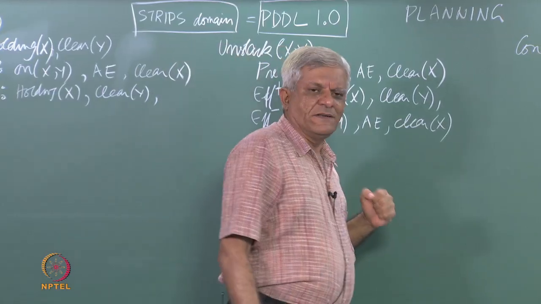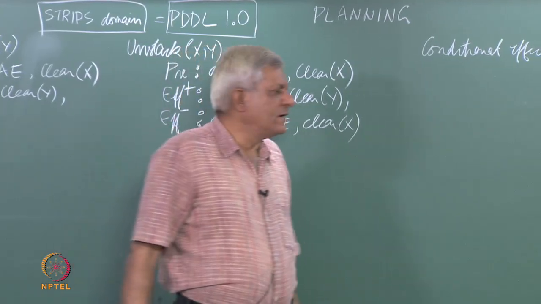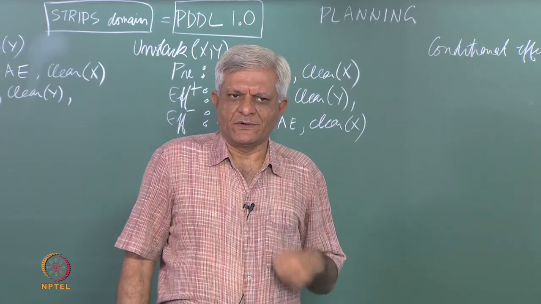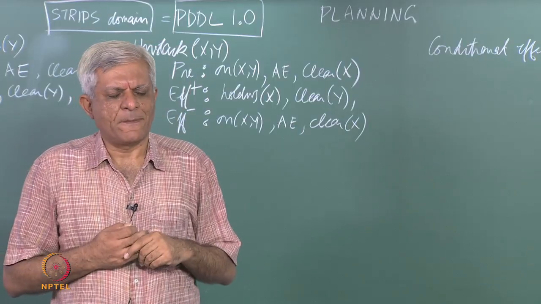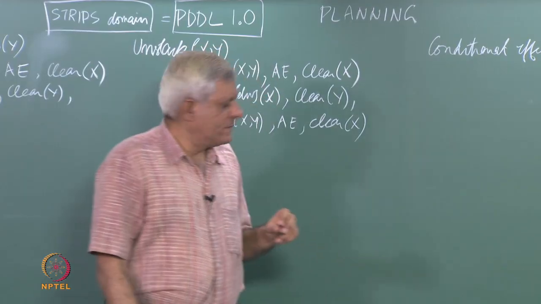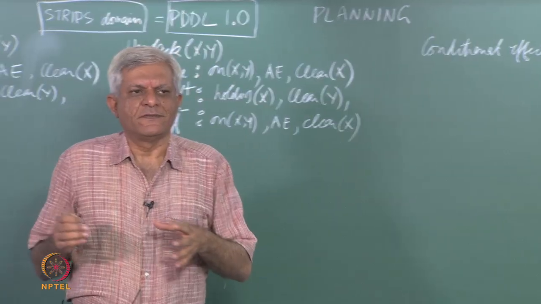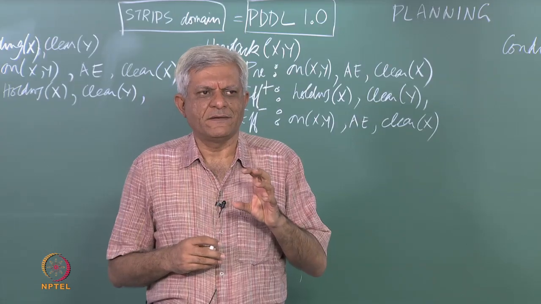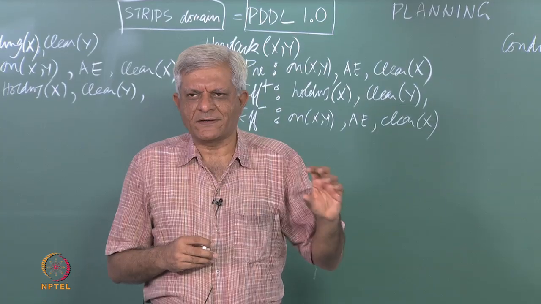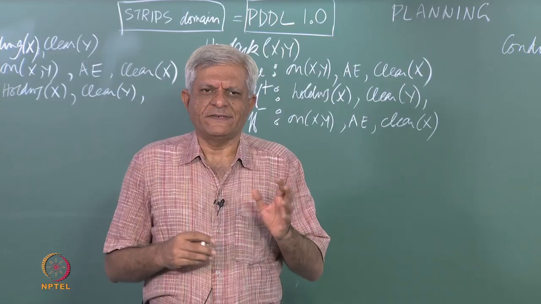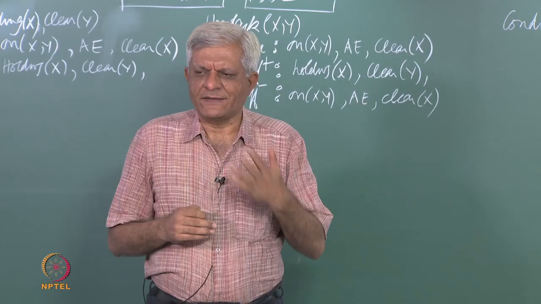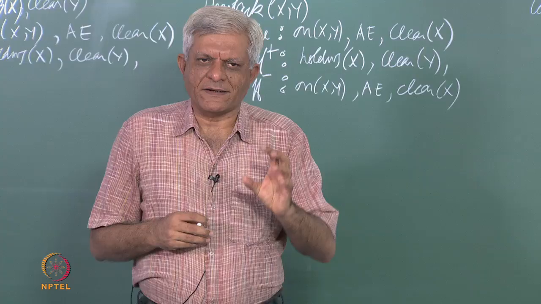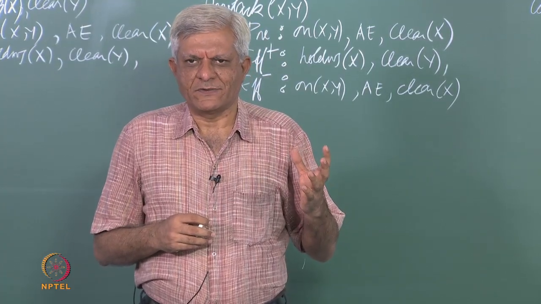As an example, let us say you have a domain in which you are moving objects around, and you have trucks, and you want to move, let us say, one table from location A to location B. You define a move truck action which says the truck goes from location x to location y, and the conditional effect is that if there is any object in that truck, then that object also moves from location x to y essentially.